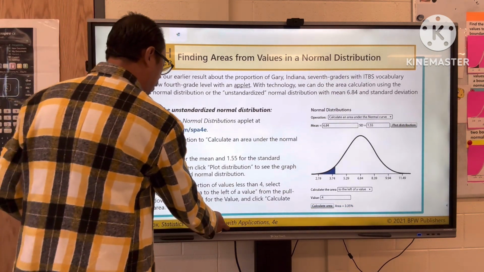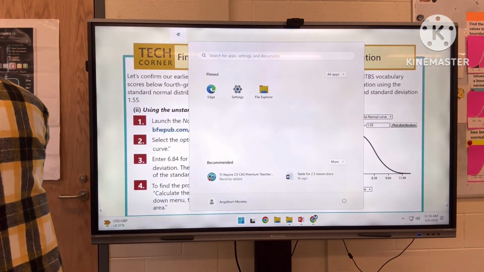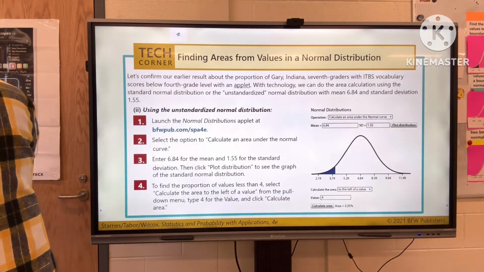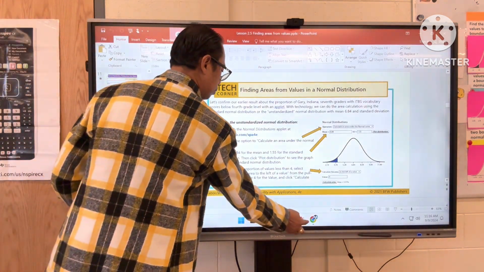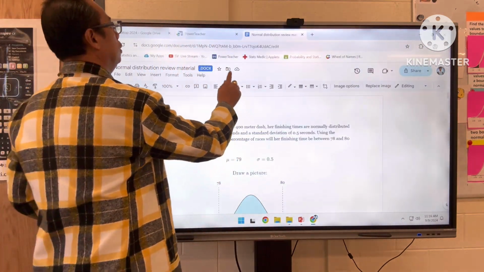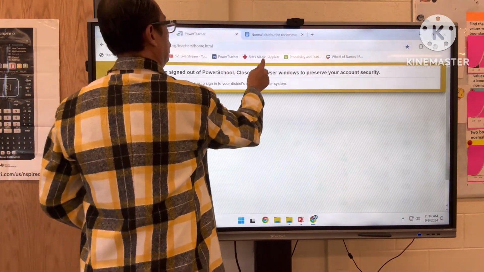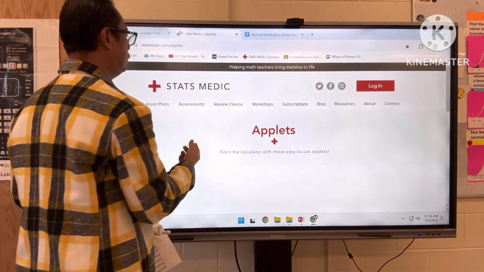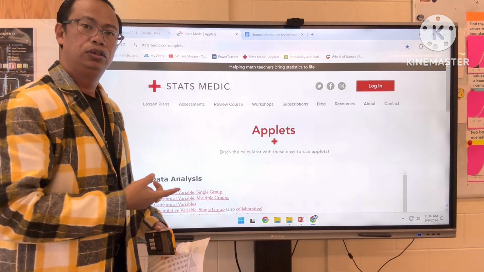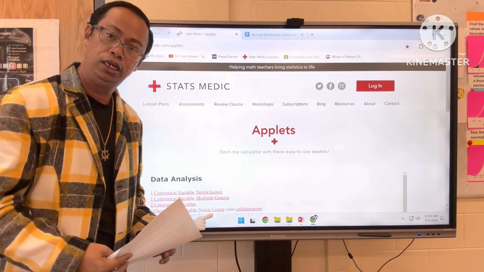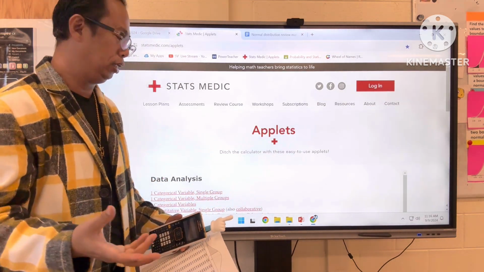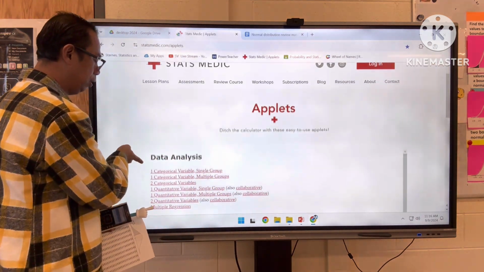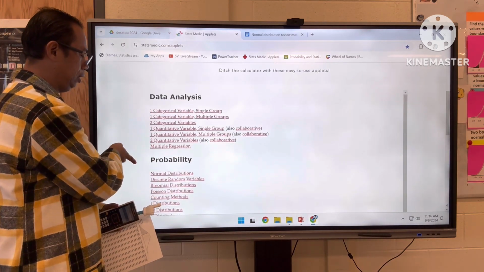So this is the applets. Okay, I'll show you the applets, so that you will be guided as well. This is free. Okay, let's go with the applets. So this is StatsMedic. So you go over here. This is free. Okay, you can use this one for your calculation. So now we'll be on probability.